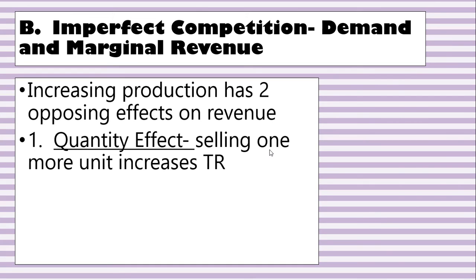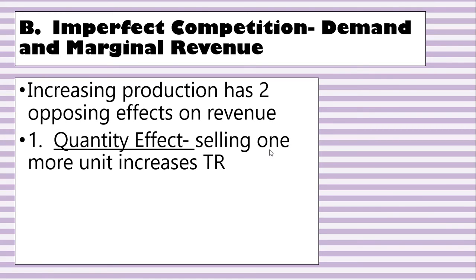So yes, I had to sell it at a lower price, but because I sold more and the quantity went up, that's the quantity effect, total revenue is actually increasing. Now remember, to sell that unit, they had to lower the price. So the price went down and the total revenue went up.